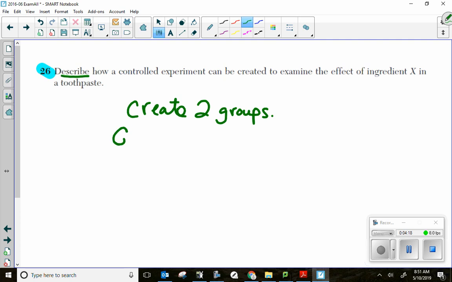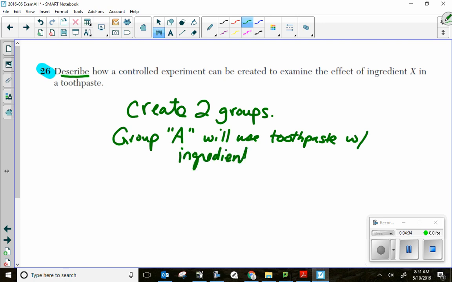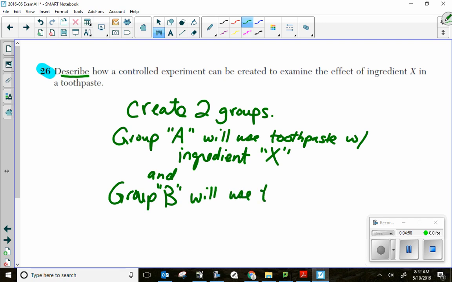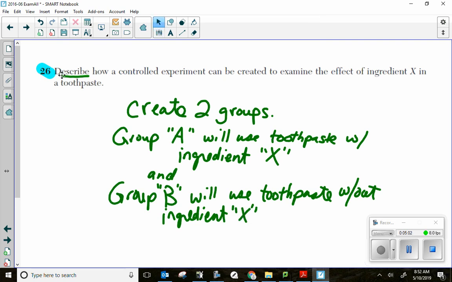Group A will use toothpaste with ingredient X, and group B, my second group, will use a toothpaste without ingredient X. That's it. I create two groups.